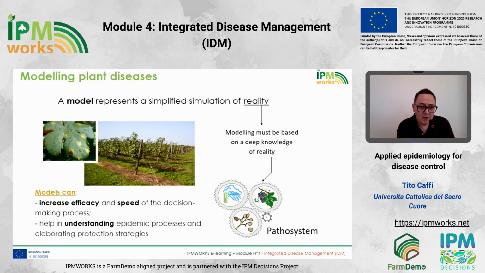But if we can work on a deep knowledge of reality, we can develop models that can help us in increasing the efficacy and the quickness of the decision-making process, so we can be much more precise and timely in the application of plant protection products, or generally speaking, mitigation actions to control diseases. They can also help us in understanding the epidemic processes and to elaborate better or enhanced disease protection strategies.